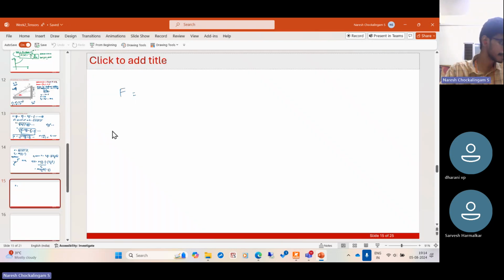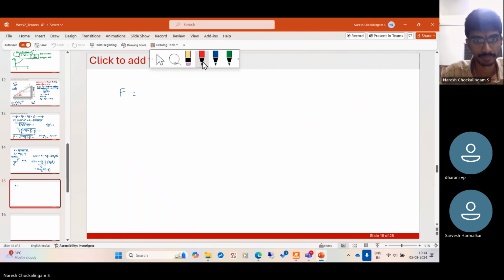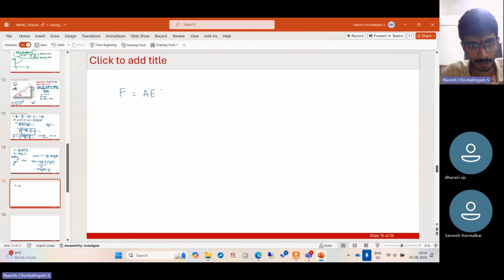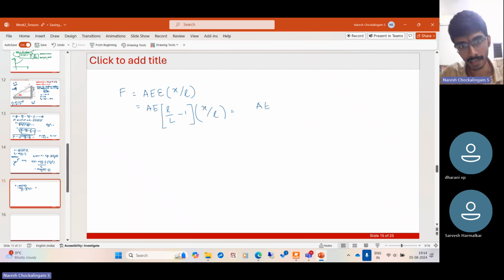So the expression we had was F is equal to AE multiplied by the strain and multiplied by x by L. This is sine theta. And the strain was L by capital L minus 1 multiplied by x by L, which is AE.